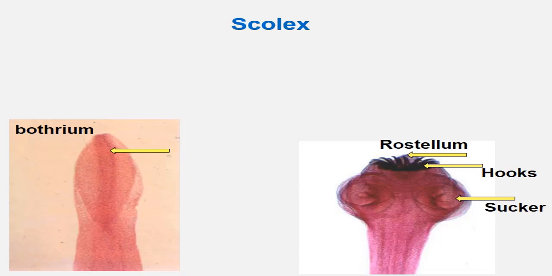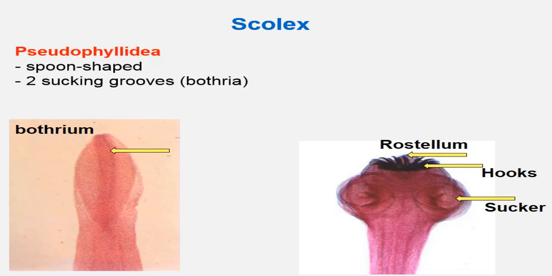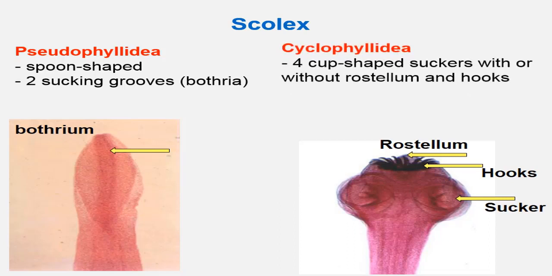Let's talk about the main differences between order Pseudophyllidea and order Cyclophyllidea. Let's start with the scolex. The scolex of order Pseudophyllidea is spatula-shaped and contains two sucking grooves, which are called bothria, while in order Cyclophyllidea there are 4 cup-shaped suckers with or without rostellum and hooks.